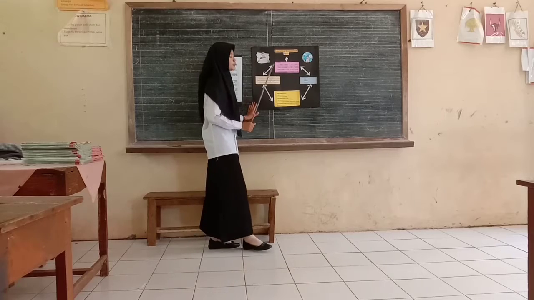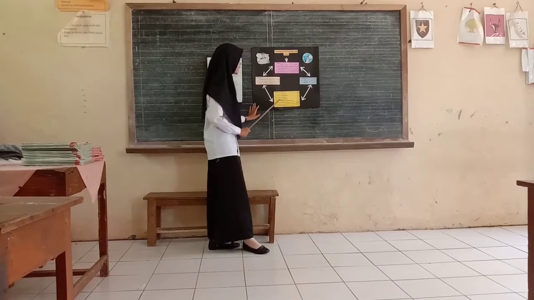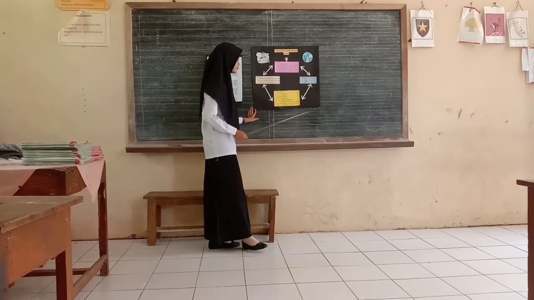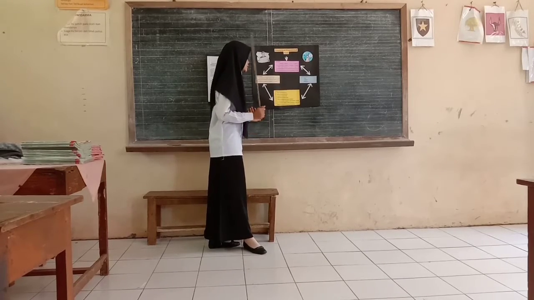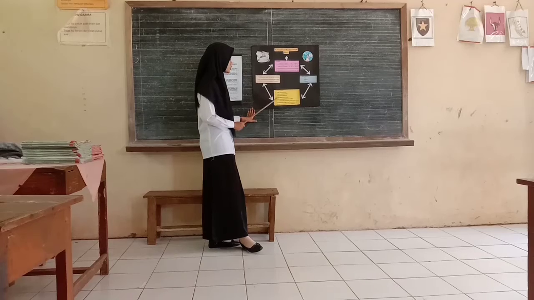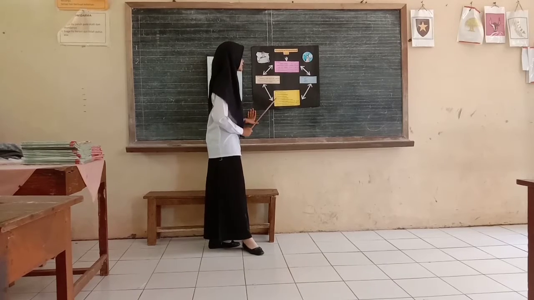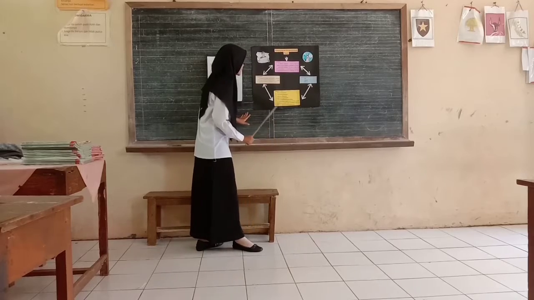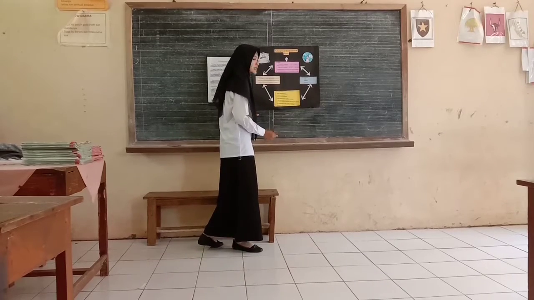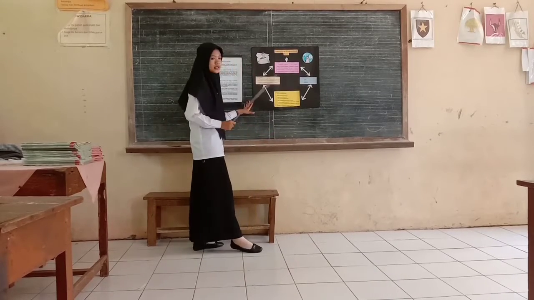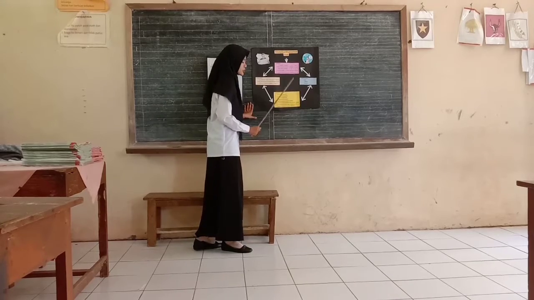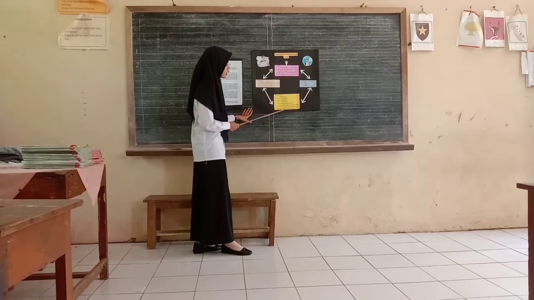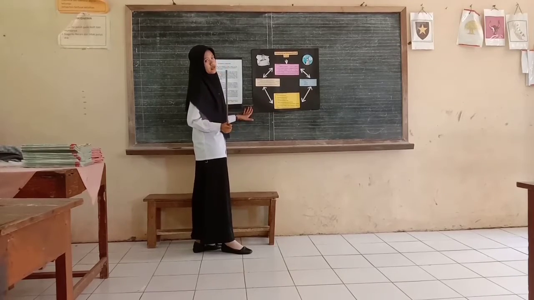In analytical exposition text, we use relational processes, internal conjunctions, causal conjunctions, simple present tense, and compound and complex sentences. And the last, words that link arguments such as firstly, secondly, and reasoning to causal conjunctions such as in addition, furthermore, however, and therefore.